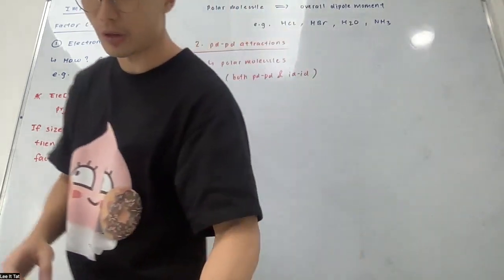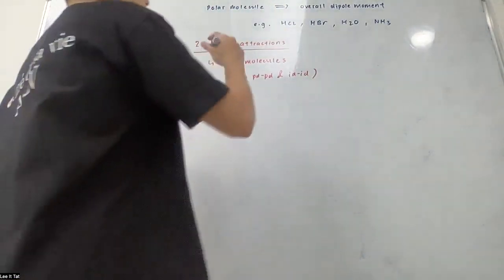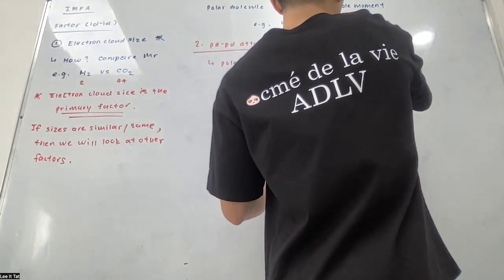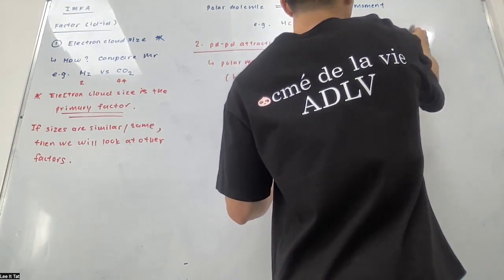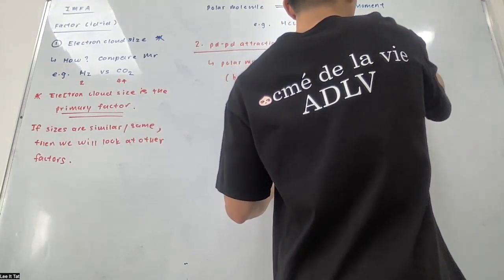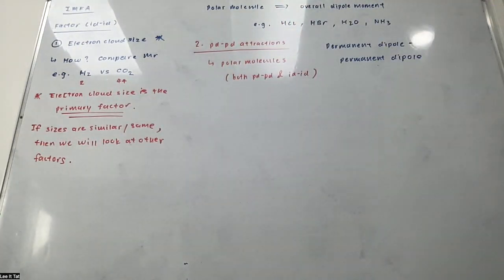Anyways, what page are we on? We're on page 46 now. Not much over here, but let me look at the full name. PDPD stands for permanent dipole, permanent dipole. Earlier on, we discussed ID, instantaneous dipole, induced dipole.